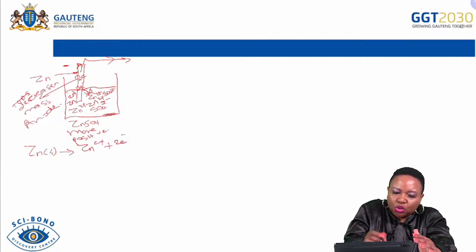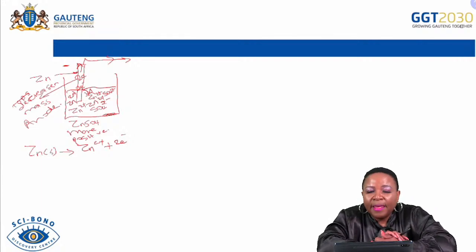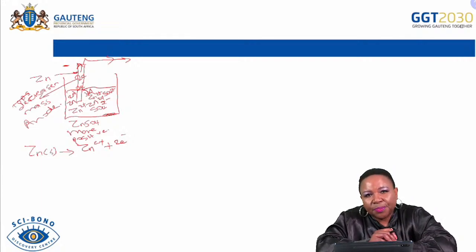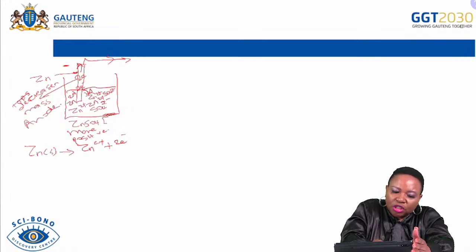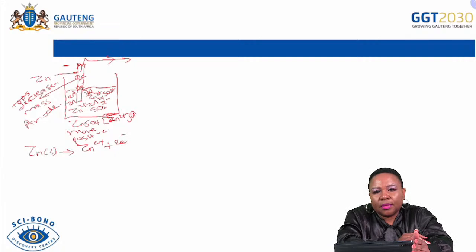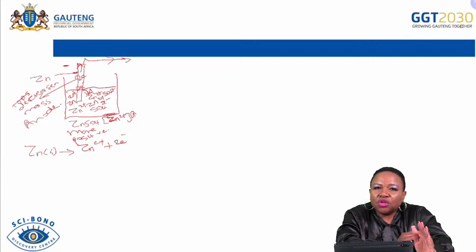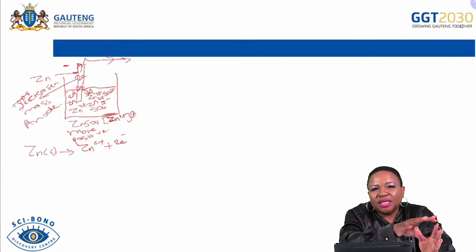And where are the Zn2+ ions going to go? They will go to our electrolyte and change the concentration of our electrolyte, meaning that in our electrolyte, the concentration of Zn2+ is doing what? It is increasing. The concentration of Zn2+ is increasing because the ions from the zinc electrode are going into the solution.